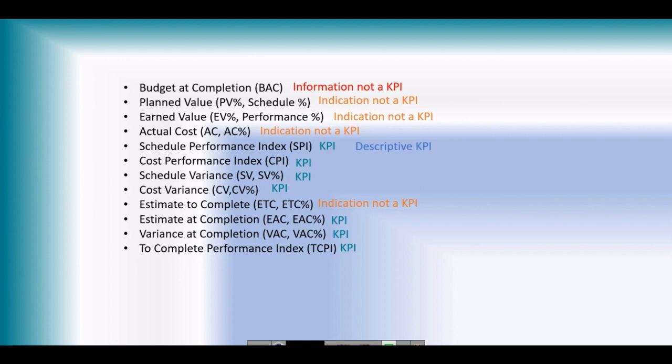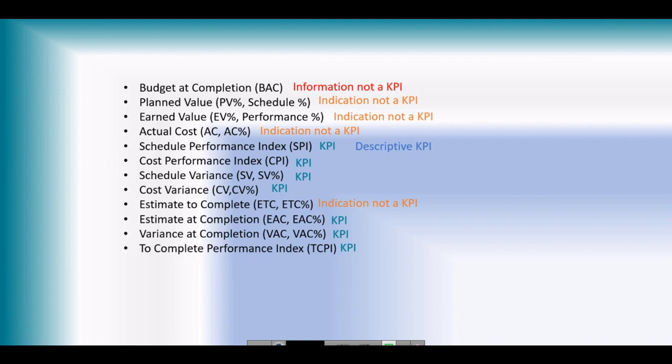Okay, now I told you there are three types of analysis we do in earned value management: descriptive analysis, predictive analysis, and prescriptive analysis. So now we need to establish an understanding of which one is the descriptive KPI, which one is the predictive KPI, and which one is the prescriptive KPI. The term descriptive is already describing that it is related to the past.